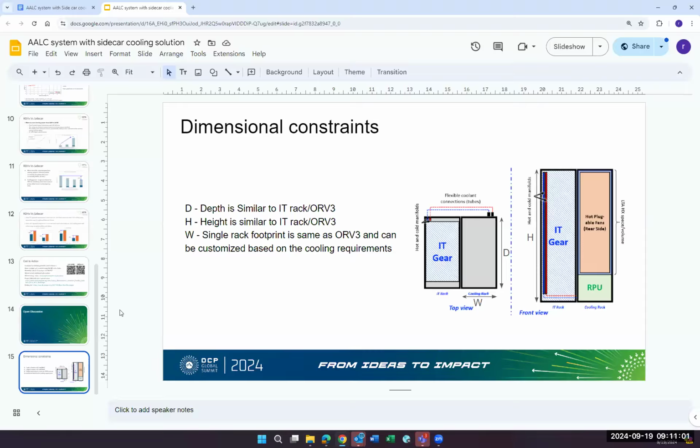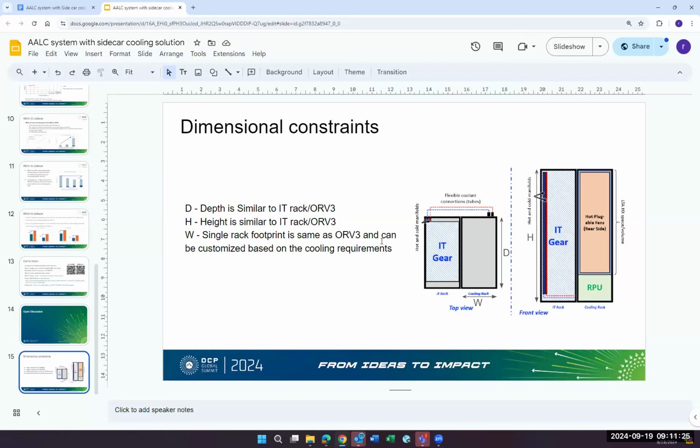No, actually, I didn't say any numbers. I only said either similar to ORV3 or a custom width. I never wanted to give a number out because the IT rack definition defines that.